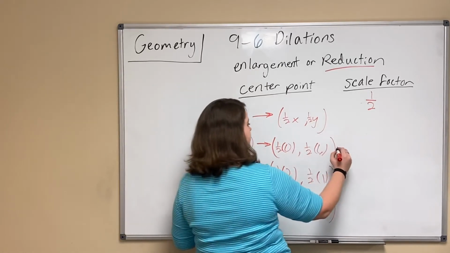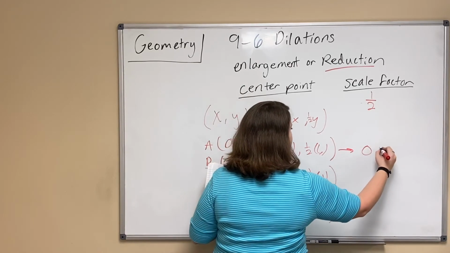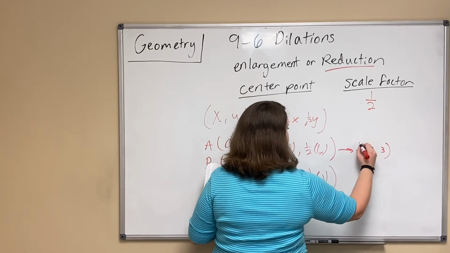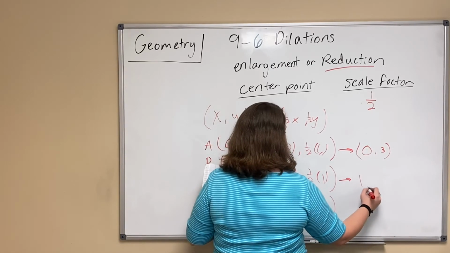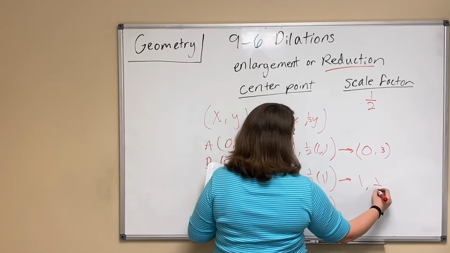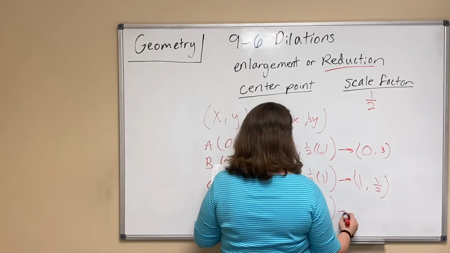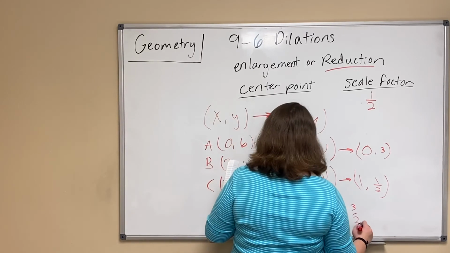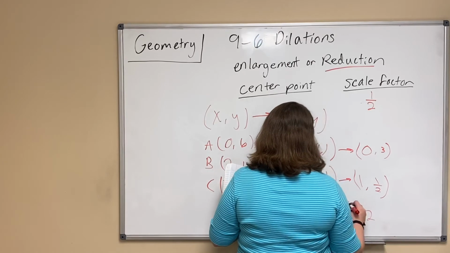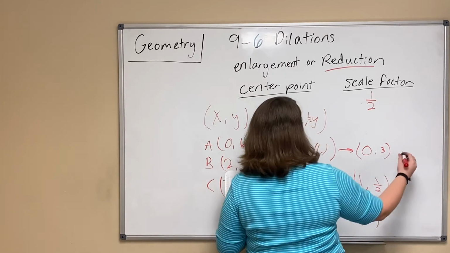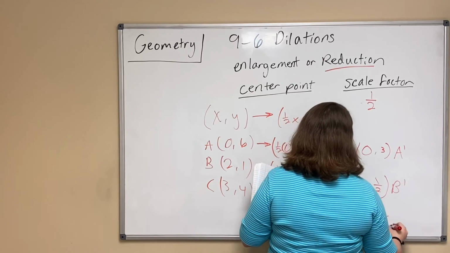And we'll solve that straight through and get 1/2 times 0 is 0, 1/2 times 6 is 3, 1/2 times 2 is 1, 1/2 times 1 is 1/2, 1/2 times 3 is 3/2, and 1/2 times 4 is 2. So this is our A prime (0, 3), our B prime (1, 1/2), and our C prime (3/2, 2).